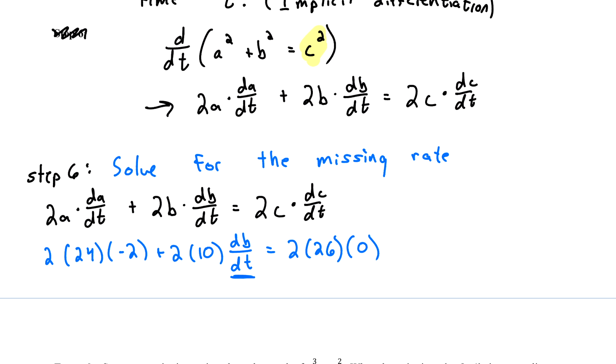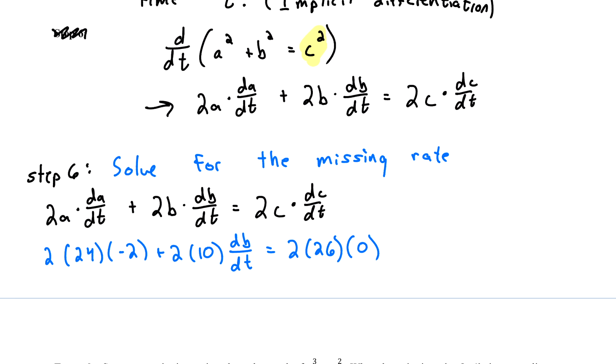At this point, we're pretty much done with the calculus part until we come back to interpret our answer. It's all algebra after this. There are really no more derivatives or calculus, just multiplying some numbers and solving for a variable. So I'm going to take 2 times 24 times -2.